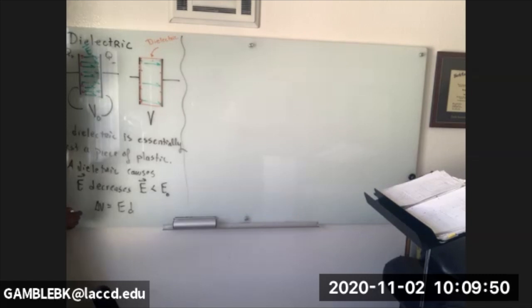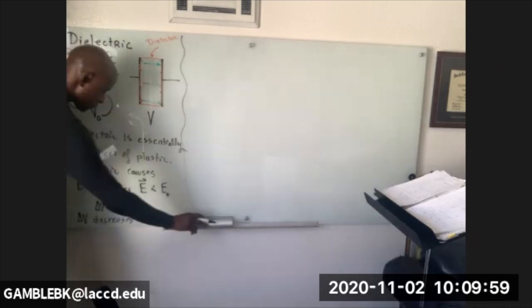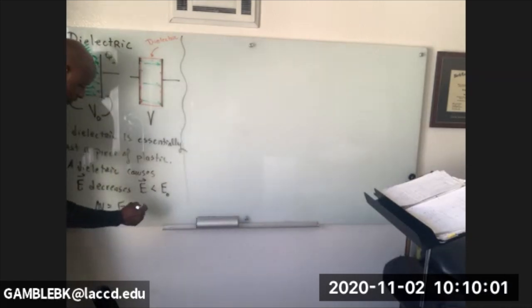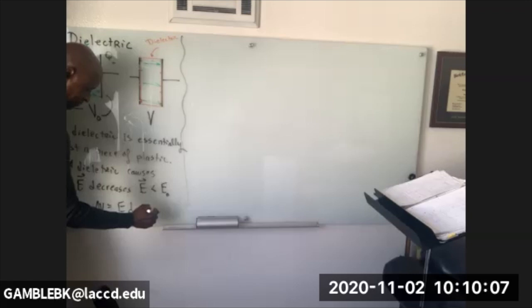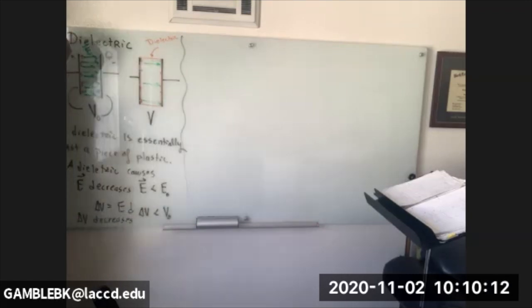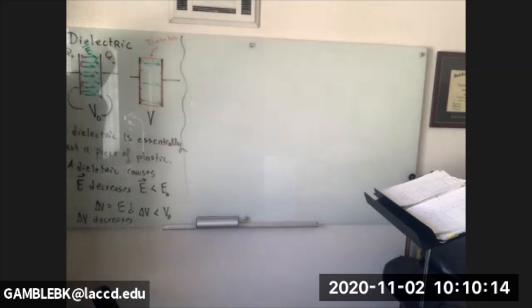And so the potential decreases as well. There's a lot we can know just from logic and intuition without getting all loopy. So that's electric field and potential.